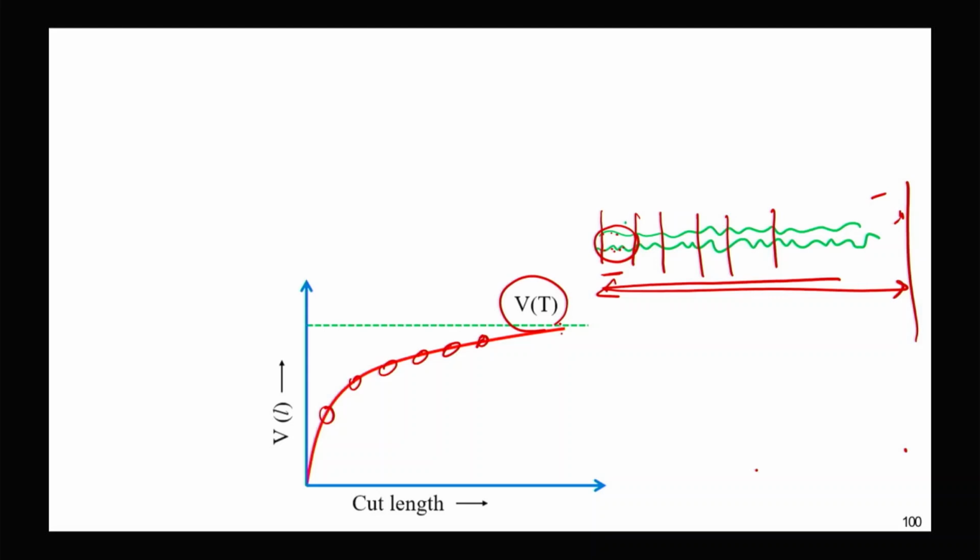This is called CV within length, variance within length. So it's expressed in terms of VL. Within length is expressed in terms of VL, and between length is in terms of BL.